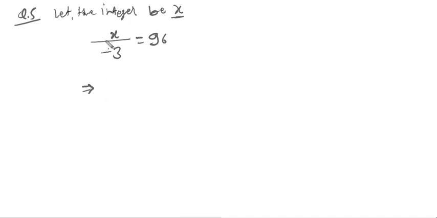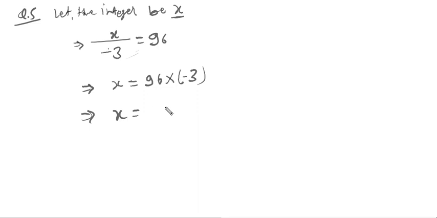Now from here you can transfer this 3 to the other side of the equal sign, then it will go from denominator to numerator, in multiplication, right? So x here as it is, if you transfer this 3, you can see it will go like this, multiplication.